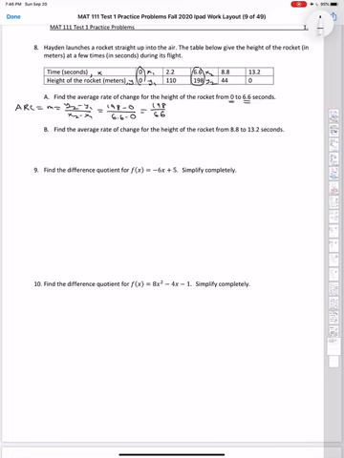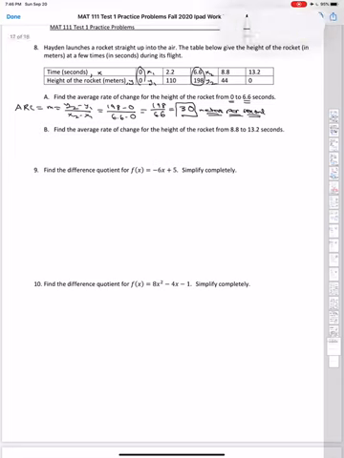As we divide by that, we get 30. So there it is, 30 meters per second. There's our average rate of change. So 30 meters for every 1 second. That's our average rate of change of the height of the rocket from 0 to 6.6 seconds.